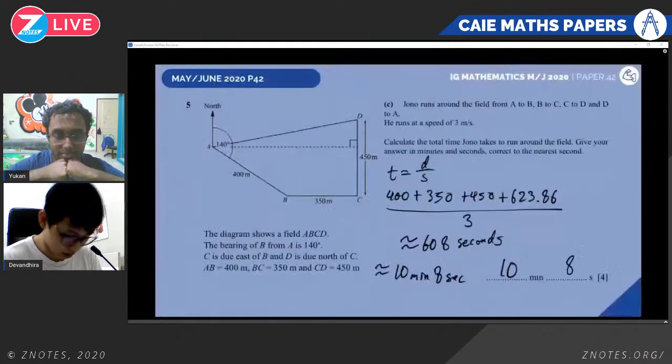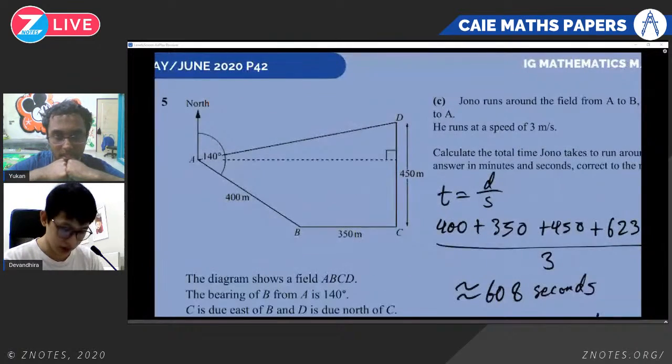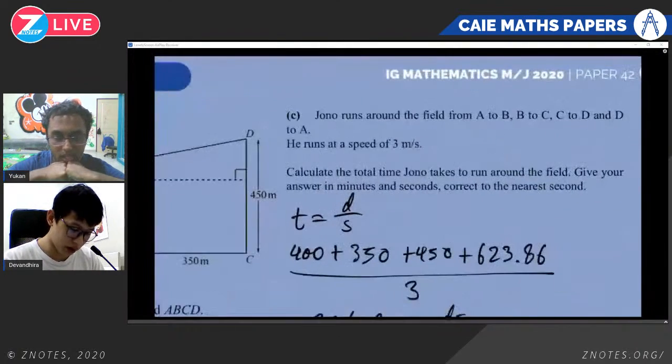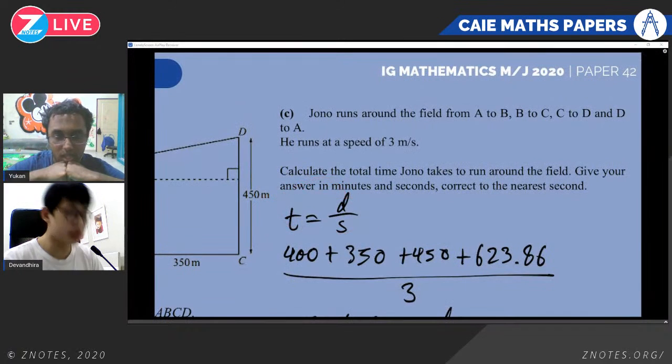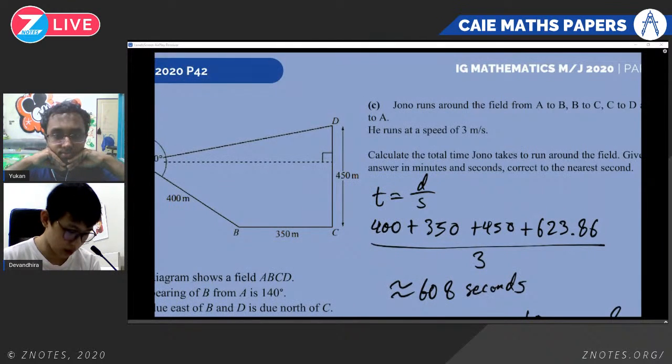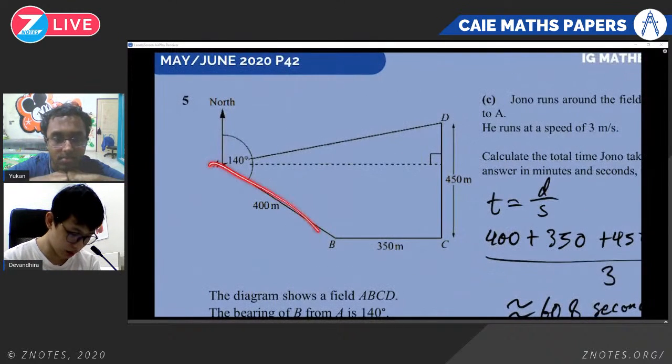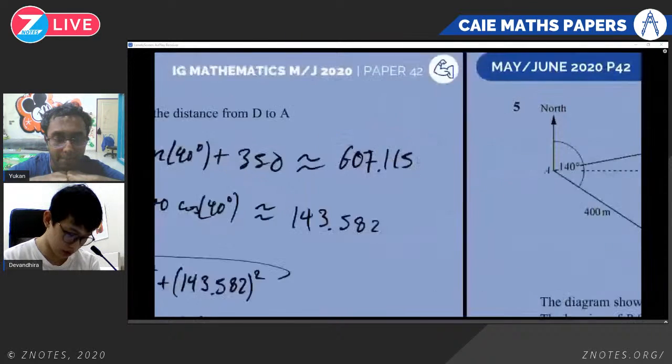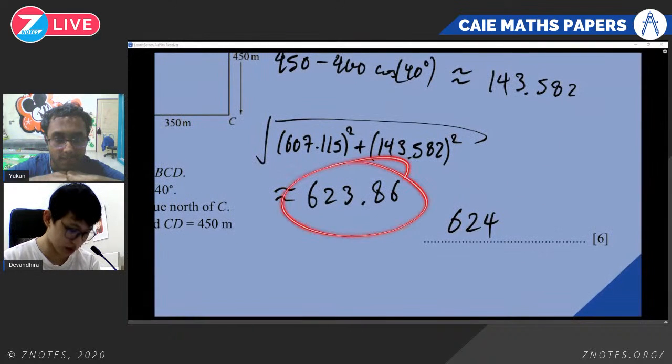Of course, if you want to know the time, it'll be distance divided by speed, right? I hope you agree with that. That means we have to take the whole distance. We know that this is 40, 350, and 450, and this is what we found before, which is 623.86.